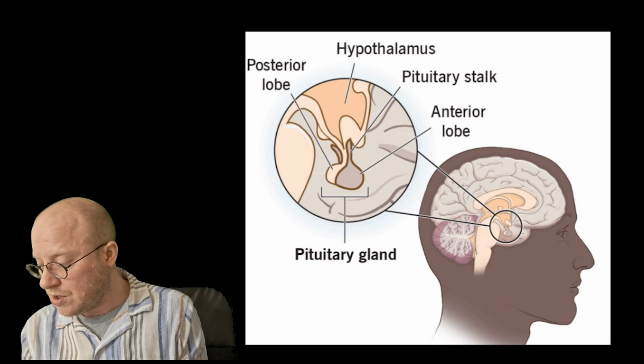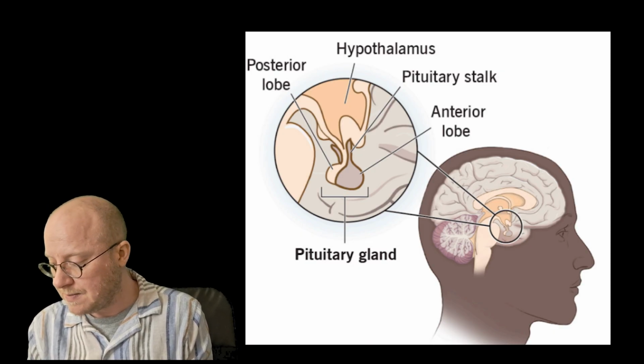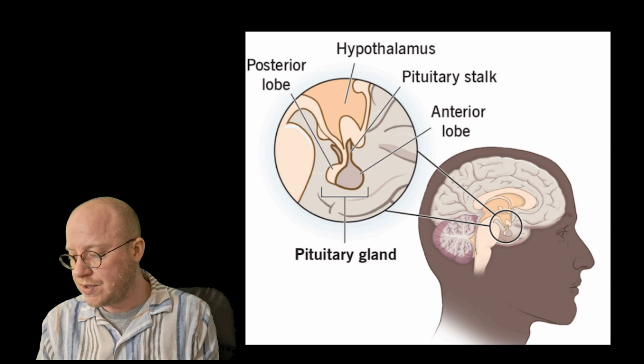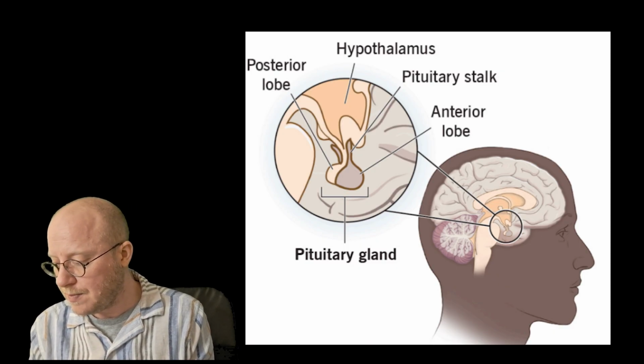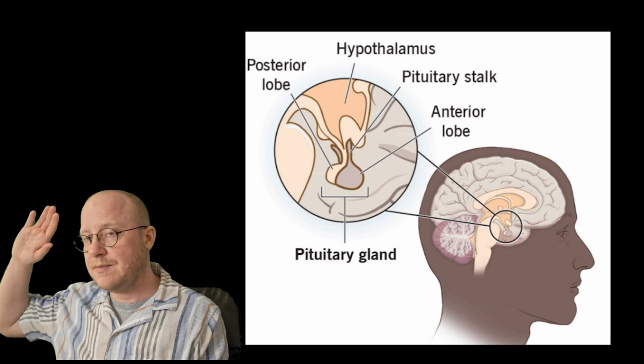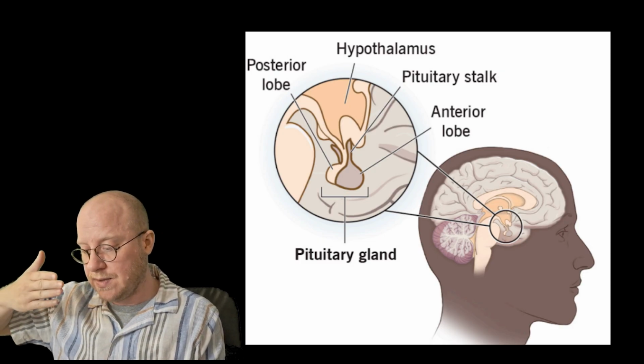So here we have a section of the human brain showing the location of the hypothalamus and the two portions of the pituitary gland: the posterior pituitary, the backside, and the anterior pituitary.